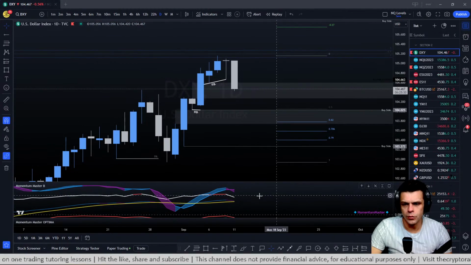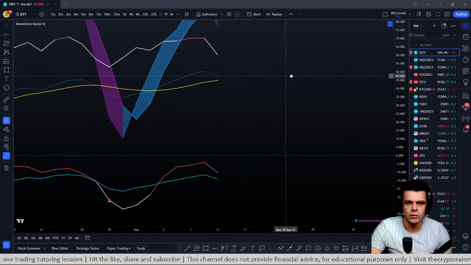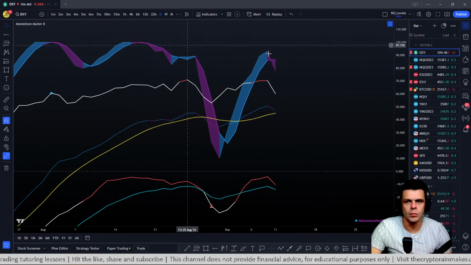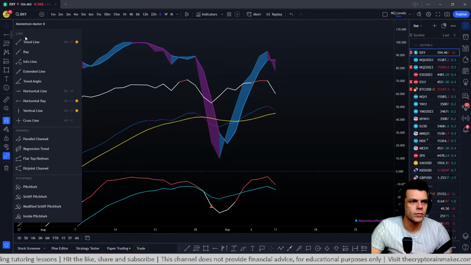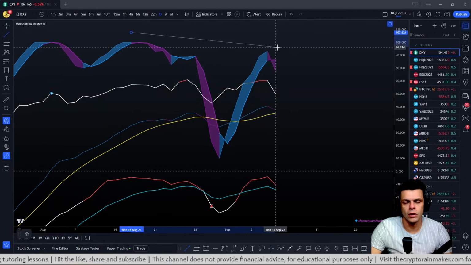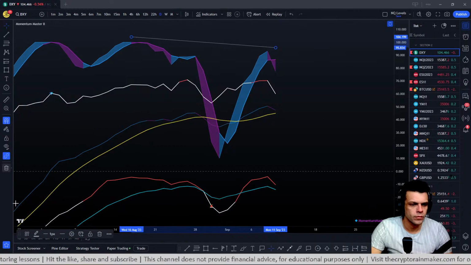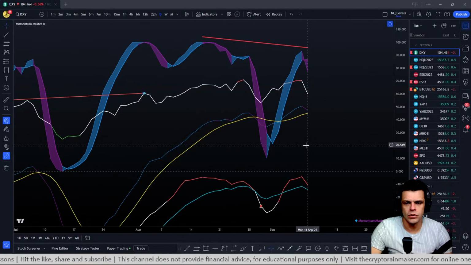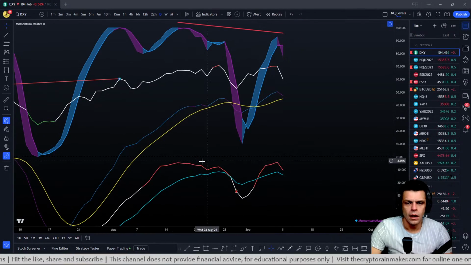And then also if we look at the Momentum Master B, it still looks like it's got a lot of dump left in it. You can see the momentum is going to the downside. And then we identified that bearish divergence on the RSI and on the Williams.